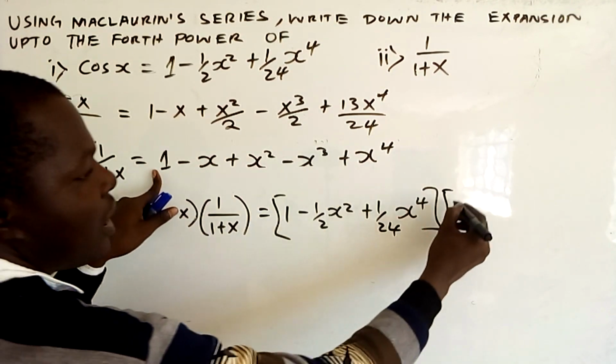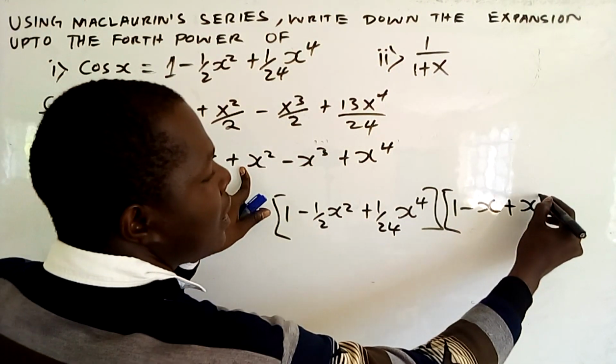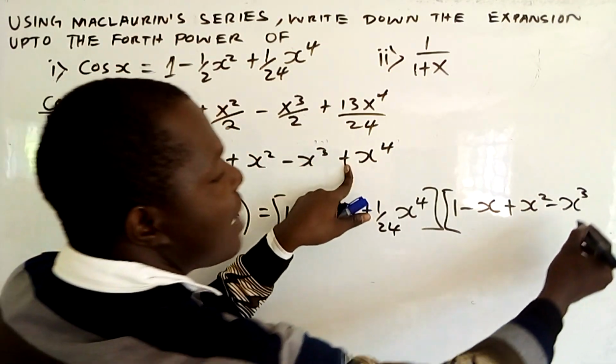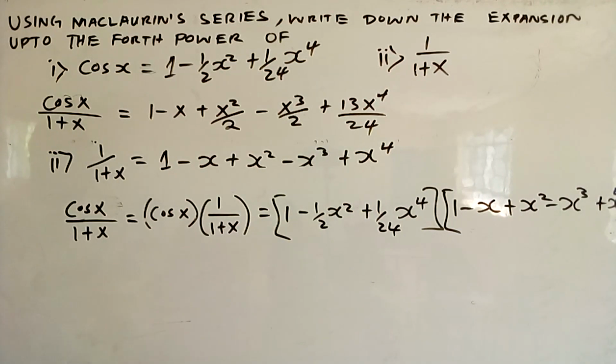It is 1 minus x plus x squared minus x cubed plus x to power 4. Are we together? Remember, you are reaching up to the 4th power of x, isn't it? Meaning anything which is going to be a higher power you ignore.